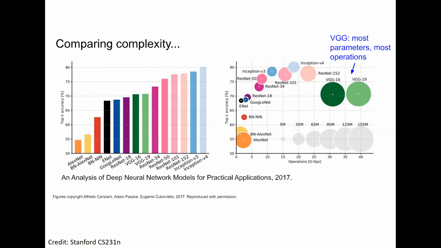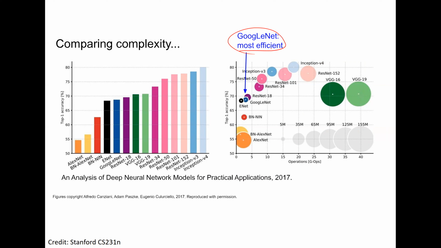VGGNet contains the most parameters and most operations. And GoogleNet is the most efficient. However, its performance is not the best. And AlexNet has small computation, but is still memory heavy, with low accuracy, because it is the very first CNN architecture.